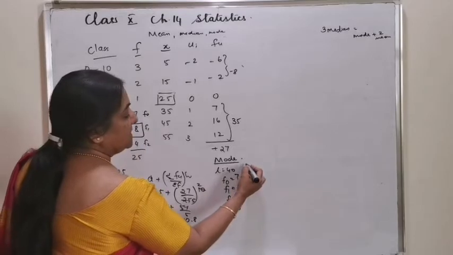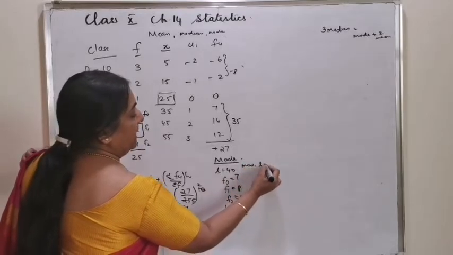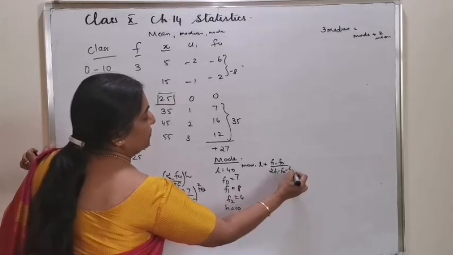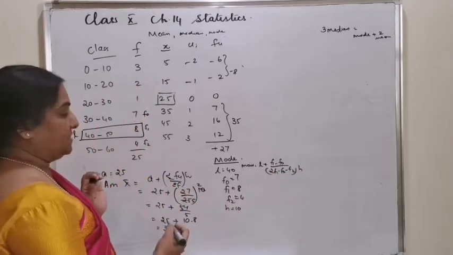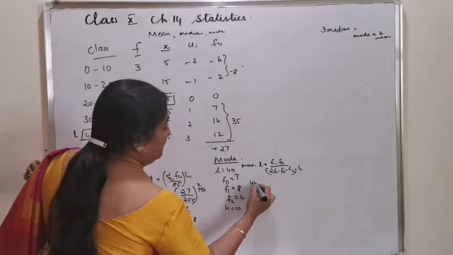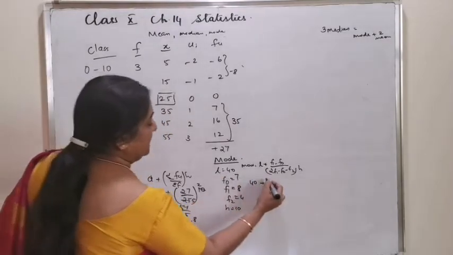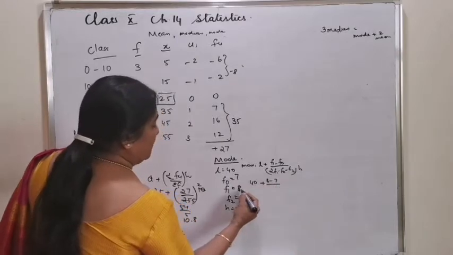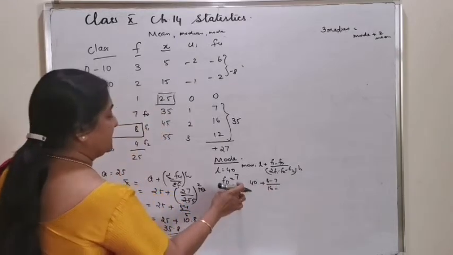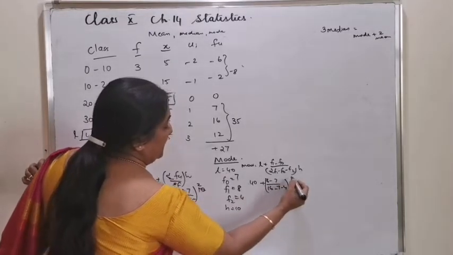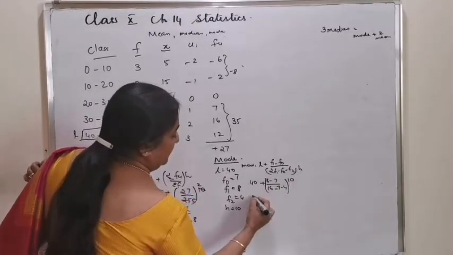The formula is mode is equal to L plus f1 minus f0 by 2f1 minus f0 minus f2 into h, which is equal to 40 plus f1 minus f0, that is 8 minus 7 by 2f1, 16 minus f0 minus f2, 7 minus 4, into h value is 10.